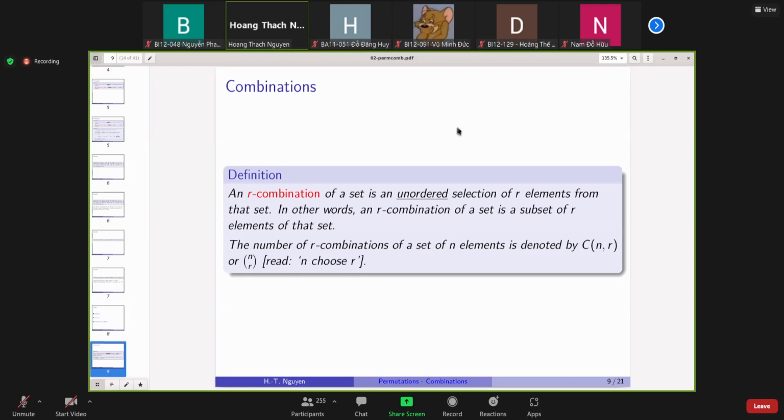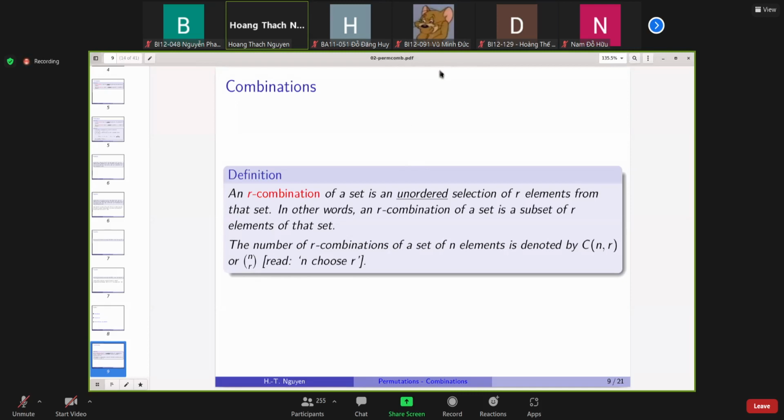Meanwhile, for combinations, we do not care about the order of the elements. In other words, if you want to talk in mathematical language, in combinations, we only care about the subsets, okay? Because you know that in a set, the elements are not ordered.